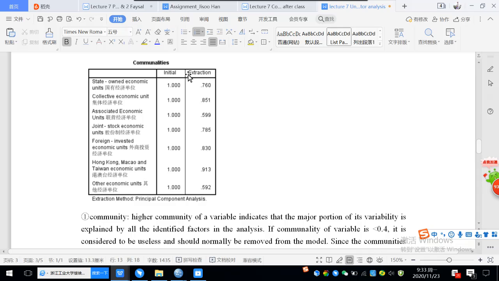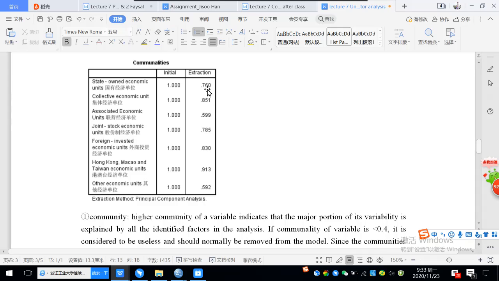Extraction means when we use the extracted factors, how much information can be explained by these factors?